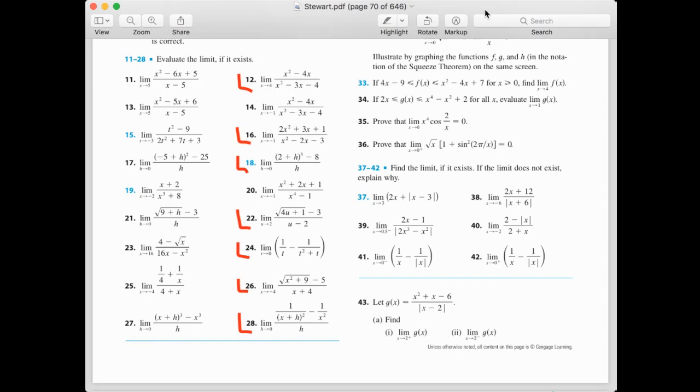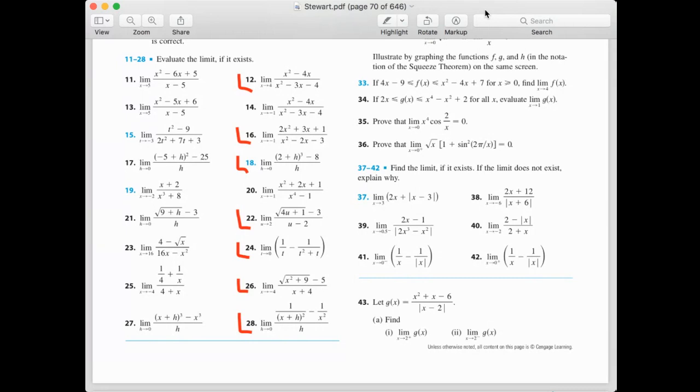I multiplied out (2 plus h) cubed, and I ended up with h cubed plus 6h squared plus 12h, after subtracting 8. Then I divided that by h and ended up with h squared plus 6h plus 12.